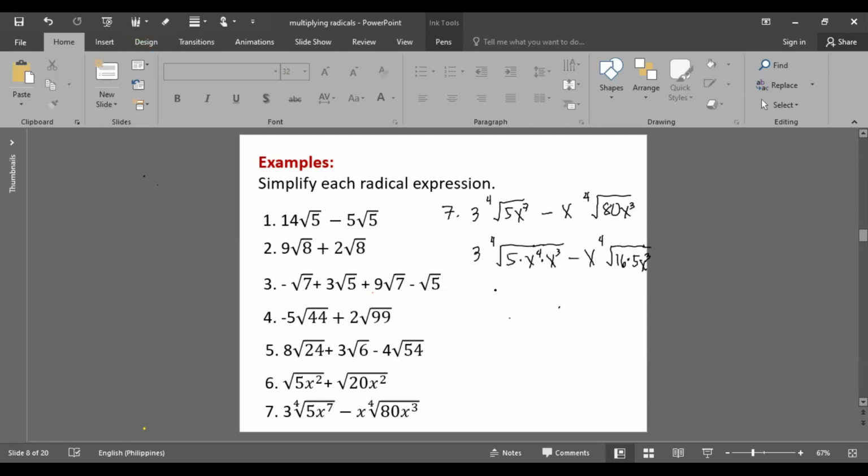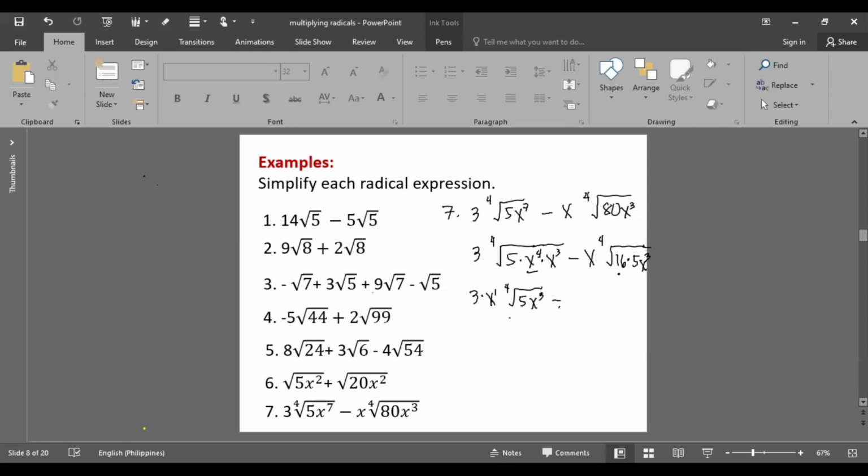So, let's simplify each term. Ang pwede nating ilabas dito ay x raised to 4 wherein 4 divided by 4 is 1. So, we have x raised to 1. So, 3 times x raised to 1 or x. Then, just copy 5 and x cubed.